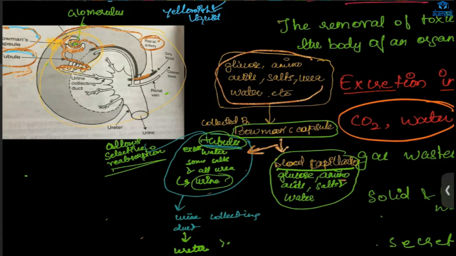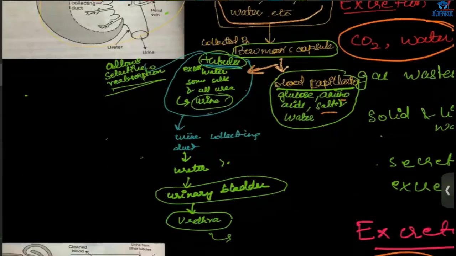This glucose, amino acid, and some useful salts are reabsorbed. The rest will be left in the tubules: excess water, salts and urea. These all things will form urine. Then it will go to the urine collecting duct, then the urinary bladder, then to the urethra, and it will be excreted out.